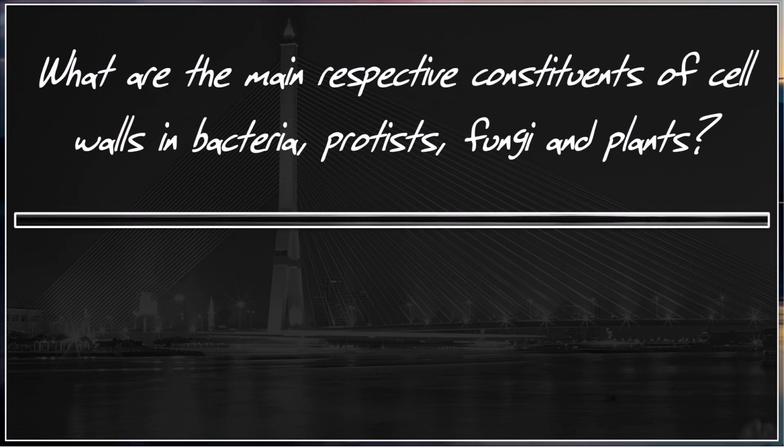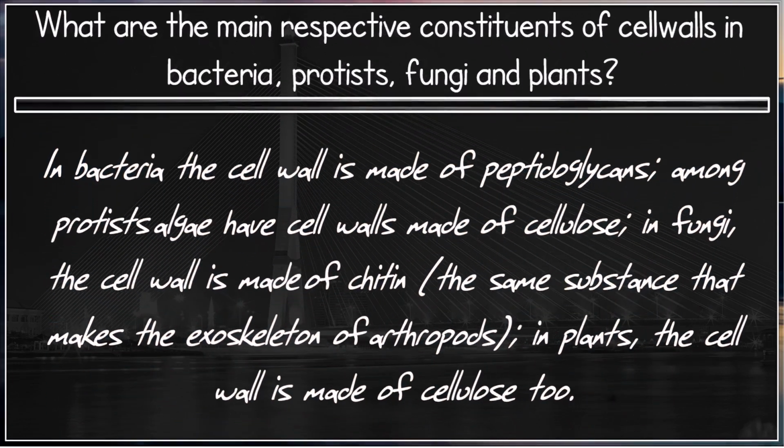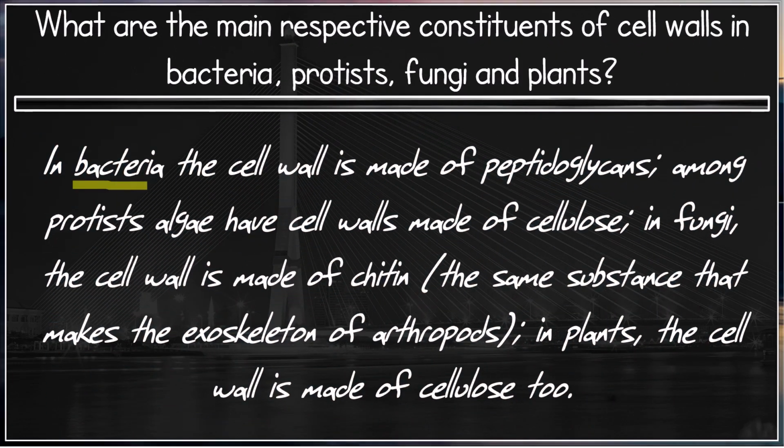What are the main respective constituents of cell walls in bacteria, protists, fungi, and plants? In bacteria, the cell wall is made of peptidoglycans.